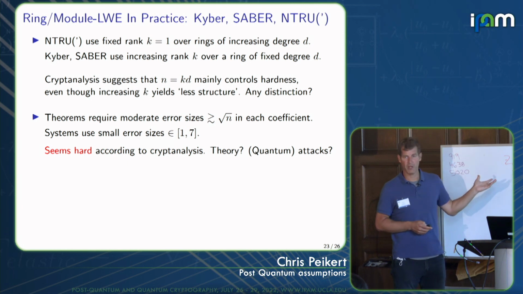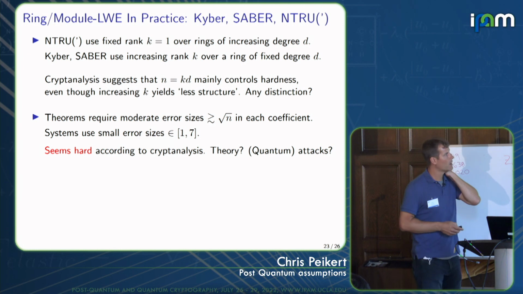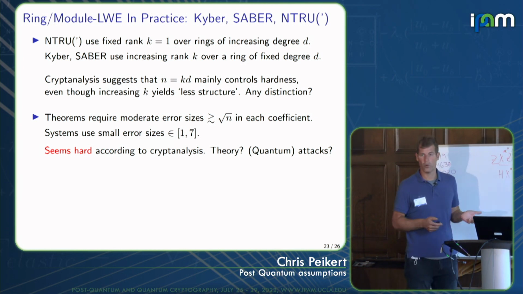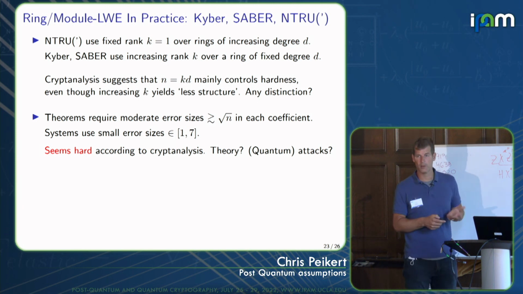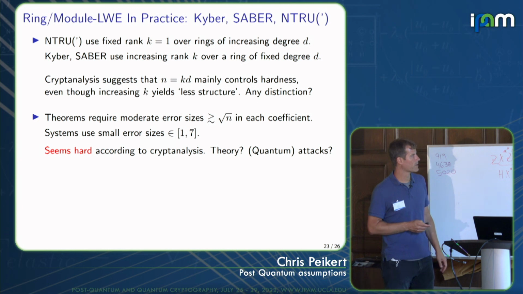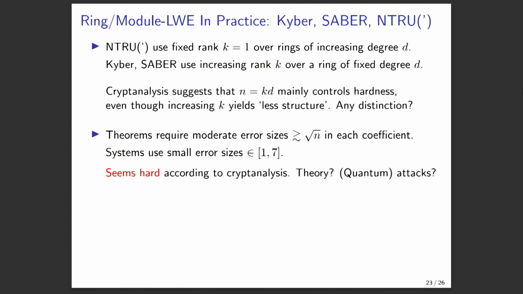We don't have any attacks that perform better than expected. But is there any theory to justify these choices? Or, on the other hand, are there some clever quantum attacks that we could use? As mentioned, Saber uses rounding instead of random errors. Is there something we can do there, both on hardness or attacks? We really don't know. So those are more open problems in the algebraic realm.